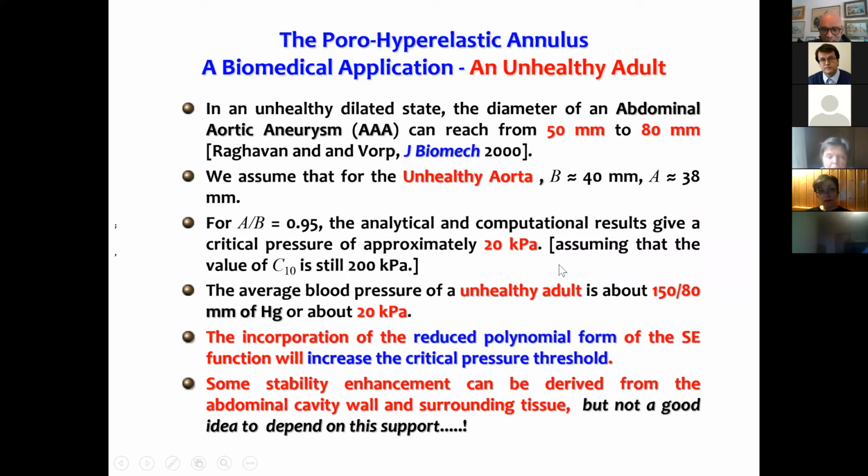The instability pressure is about 20 kPa, and the average blood pressure is also 20 kPa. So one can use this information to make some diagnosis as to where you are in relation to the possibility of creating an instability in the tissue, for example.